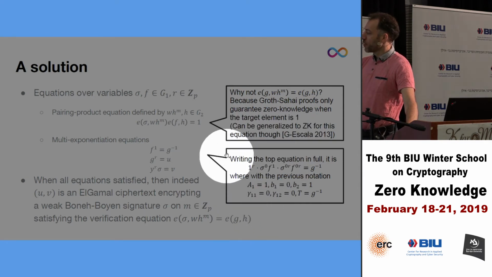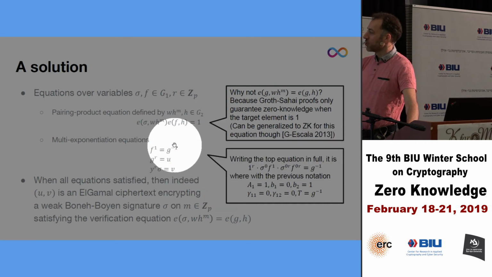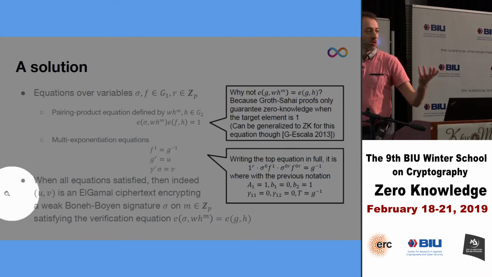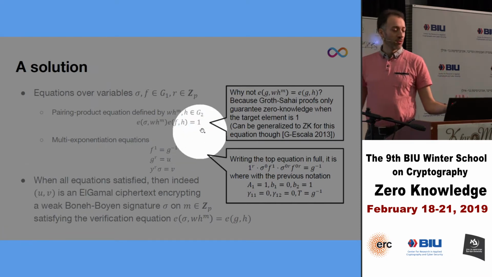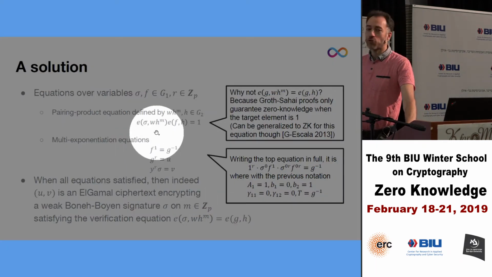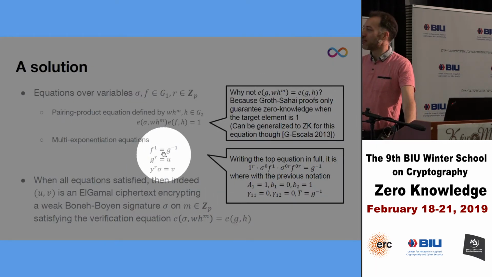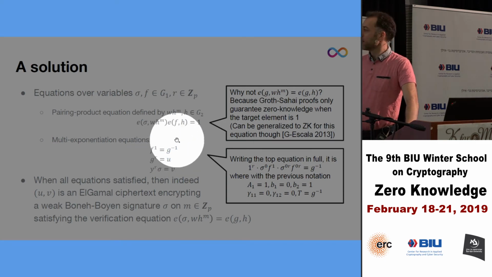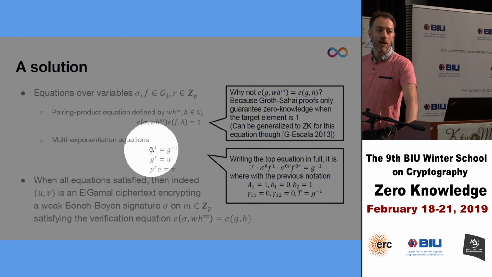Okay, so I should perhaps mention that if you write out this equation here in full, a multi-exponentiation equation is over a bunch of unknowns and knowns: known group elements in G1, known field elements in ZP, and these exponents gamma ij.